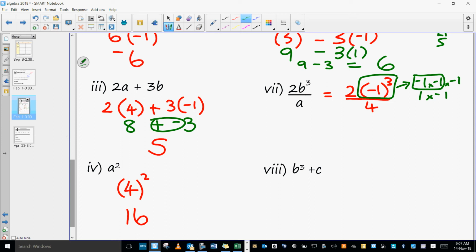So where are we going to write this? We've got 2 brackets, negative 1 over 4. This is our working step. We've still got brackets going on, so we need to deal with that. What's 2 lots of negative 1? 2 multiplied by negative 1.